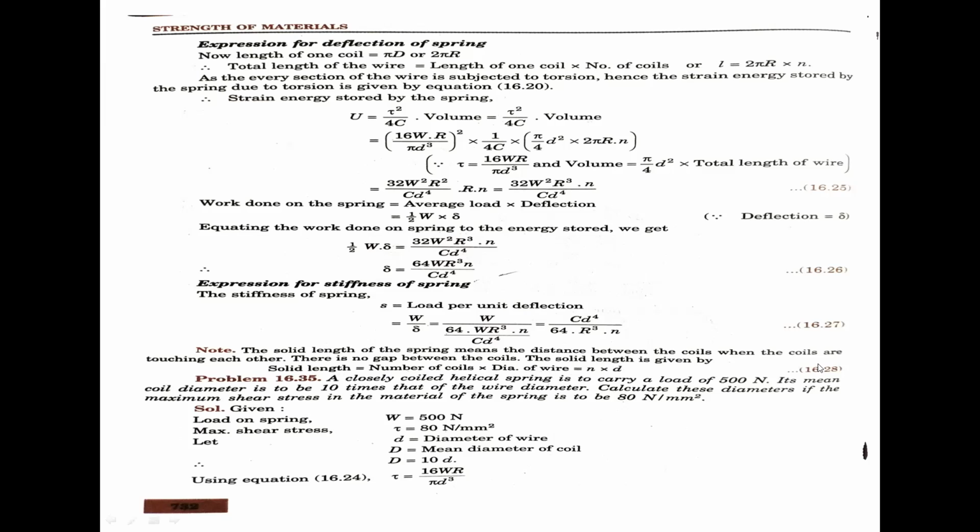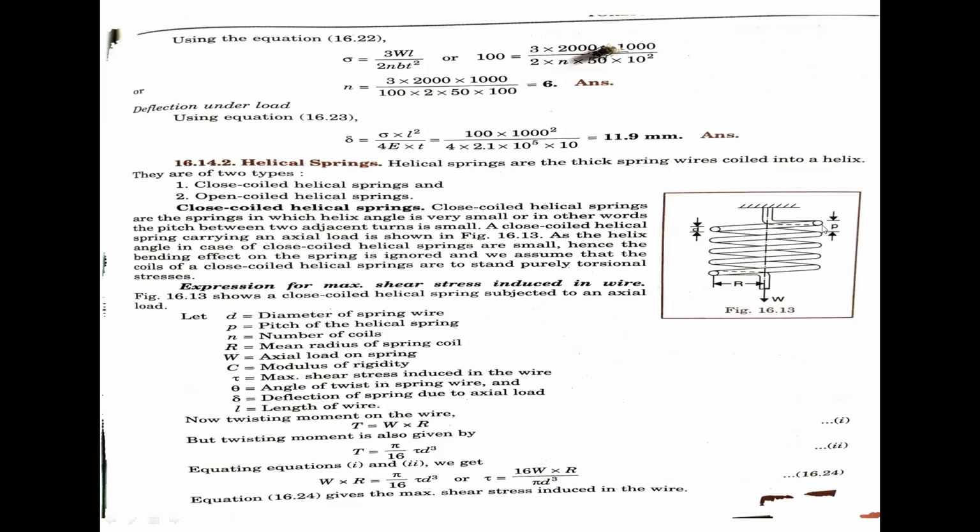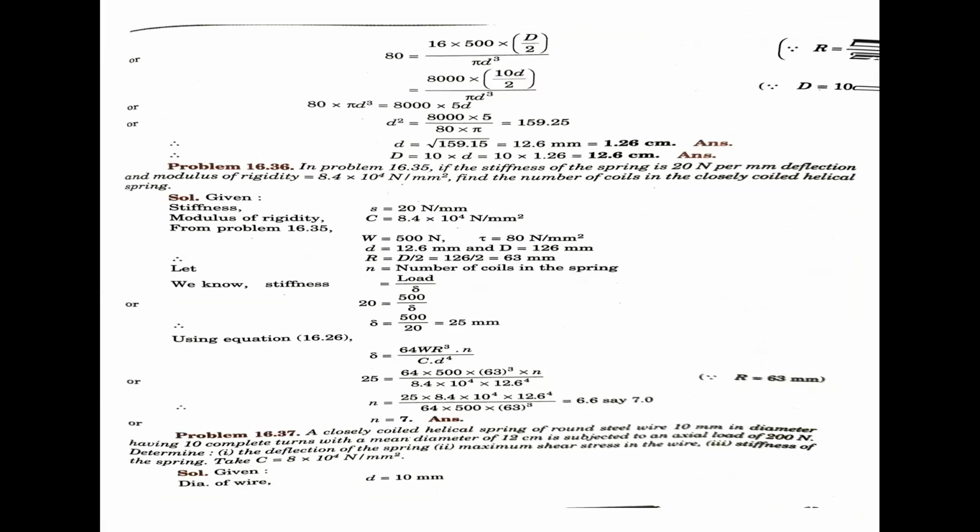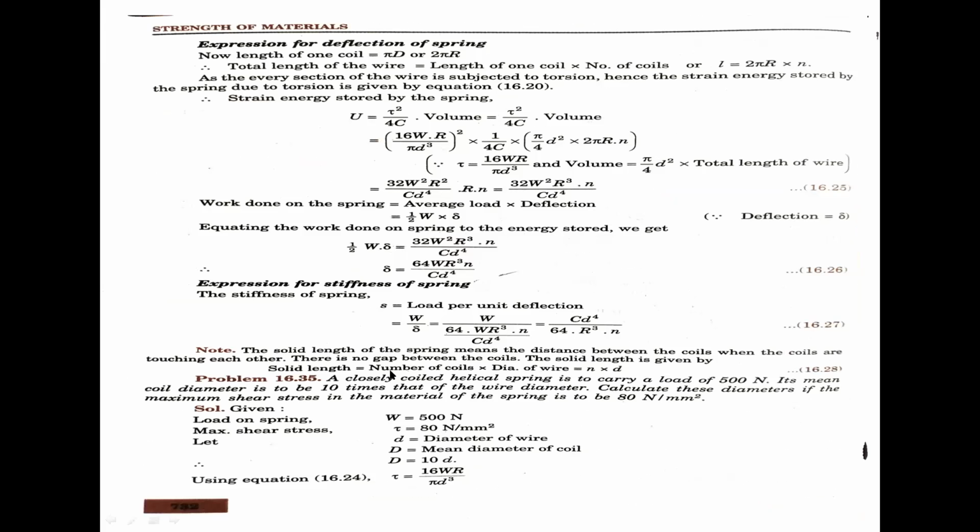If there is some distance from coil to coil, calculate the length of the spring as the length of one coil into number of coils, that equals 2 pi R into n. Use this formula.